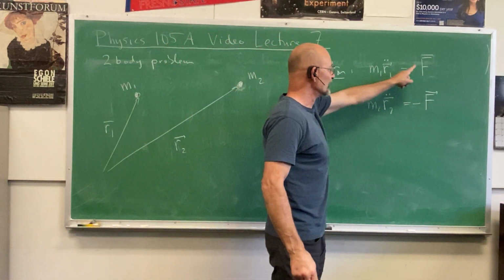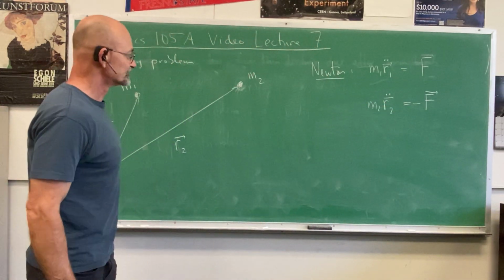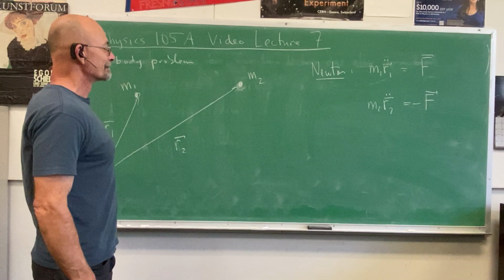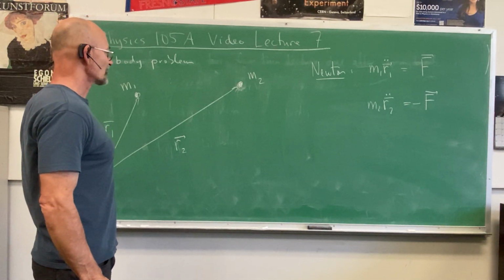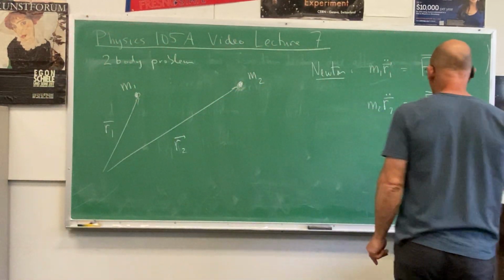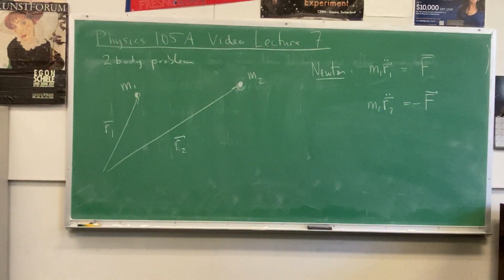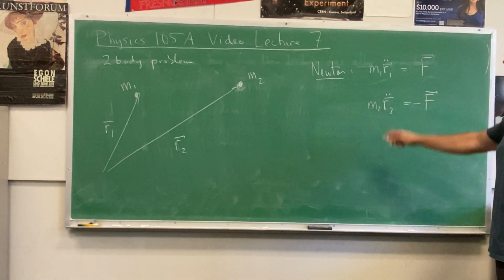Newton's 3rd law tells us that these 2 forces are equal and opposite. Okay, so then what would we do? This is actually too much to solve. In space, we have 6 quantities now, 2 3-component vectors.